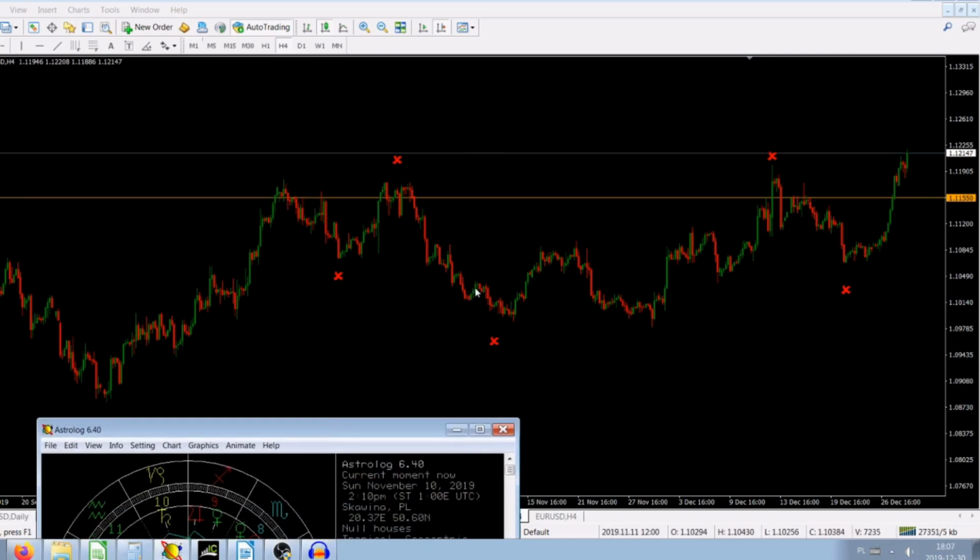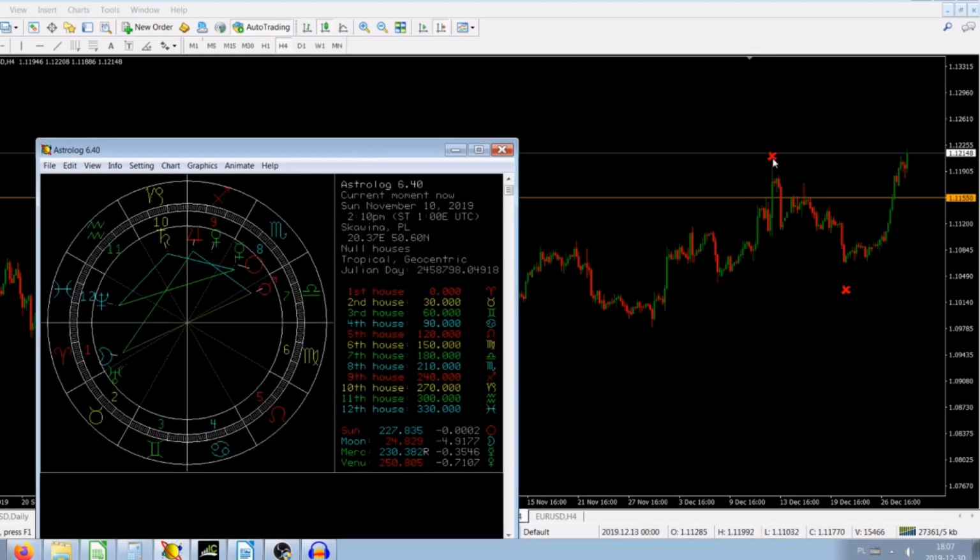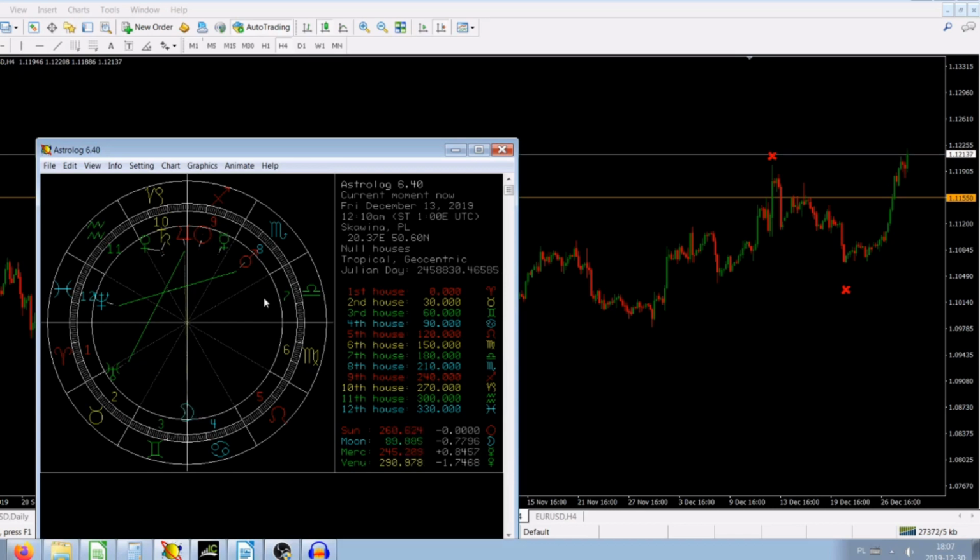It was Sunday, so here was a local top, but we wouldn't take it into consideration. Let's see further. This date is December 13th. Here we go, December 13th, Venus at 290 degrees.